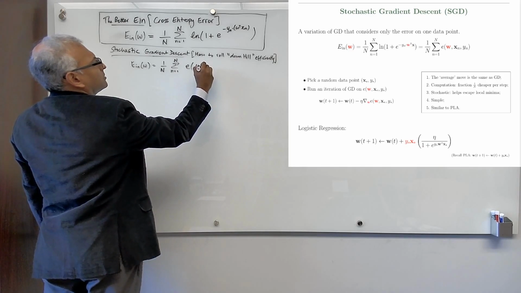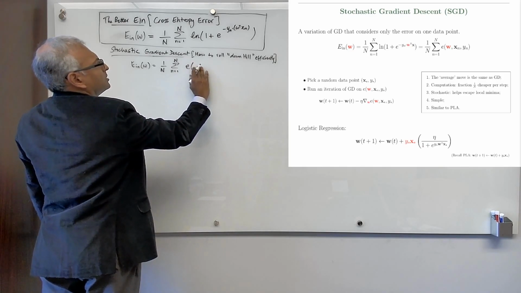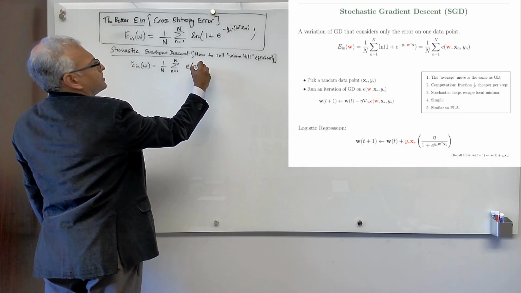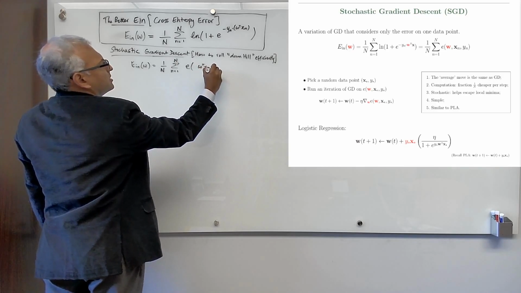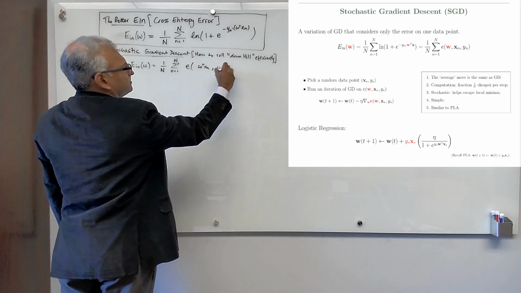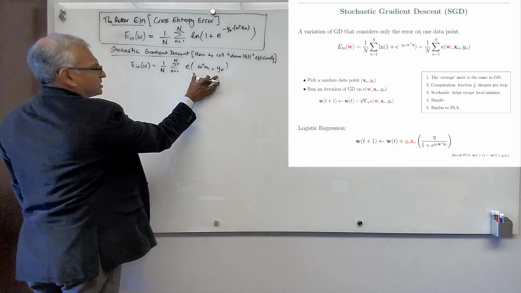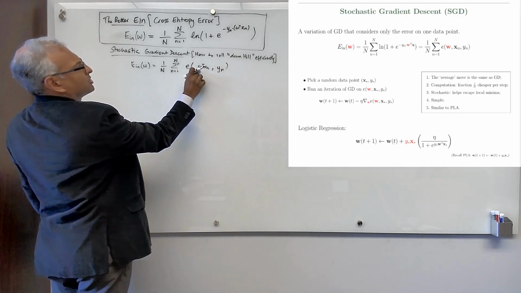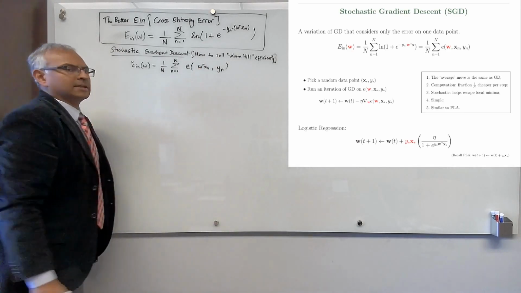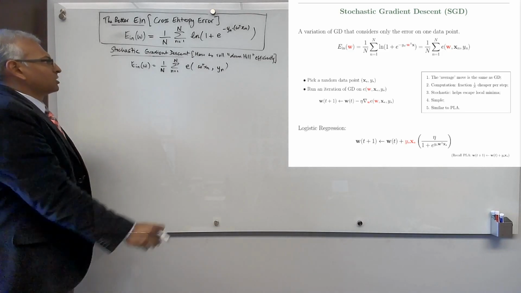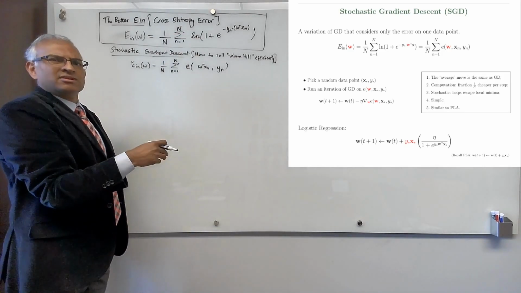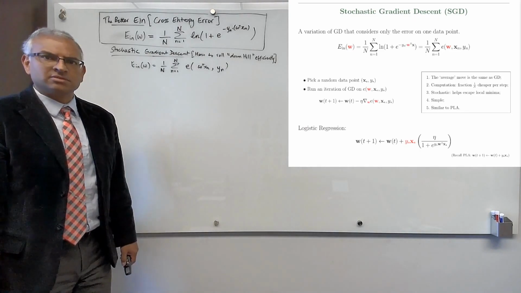It's an error between W transpose xn and yn, an error term that depends on W, xn, and yn. And when you compute the gradient, you compute essentially the gradient for all these little error terms.